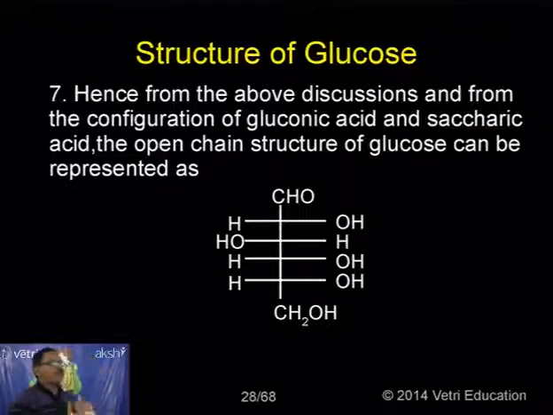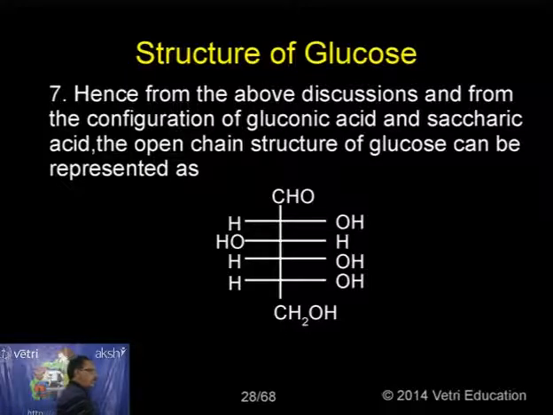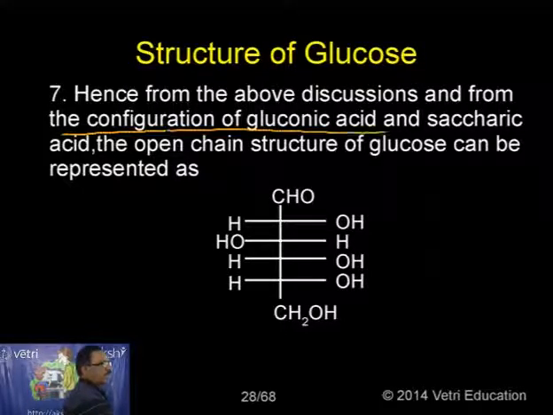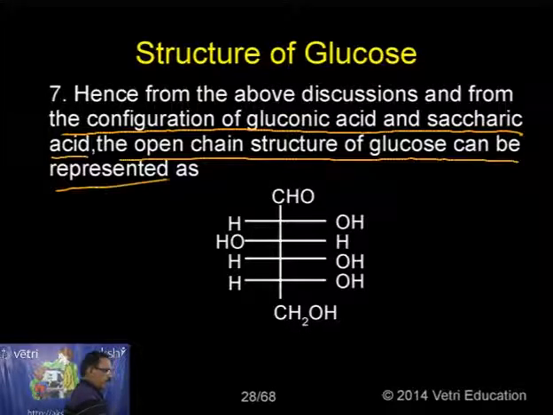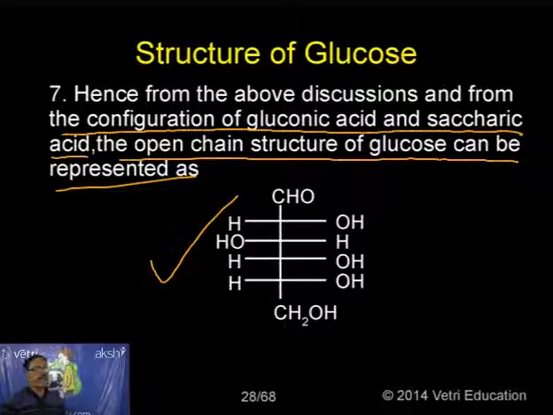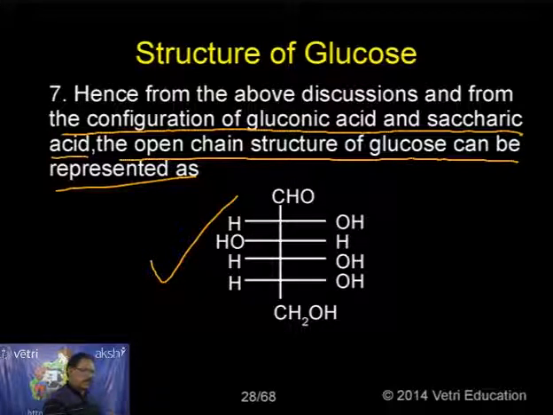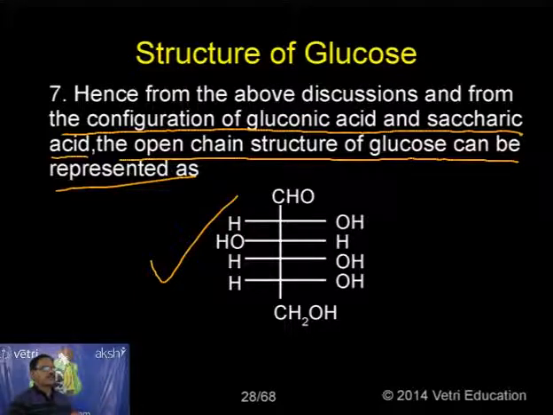Hence, from the above discussion, and from the configuration of gluconic acid and saccharic acid, the open chain structure of glucose can be represented as follows. This is the open chain structure, exact configuration: CHO, CHOH, CHOH, CHOH, CHOH, and CH2OH.